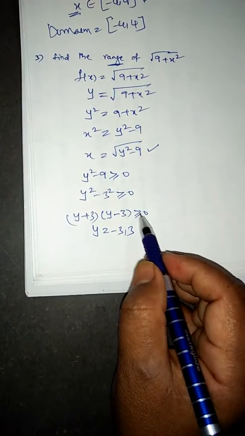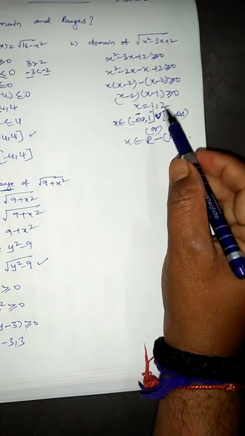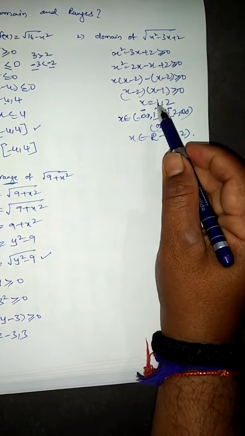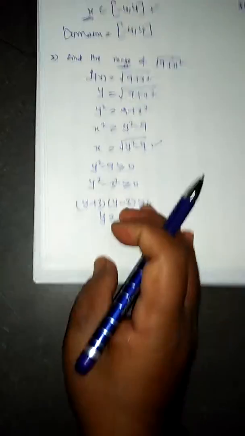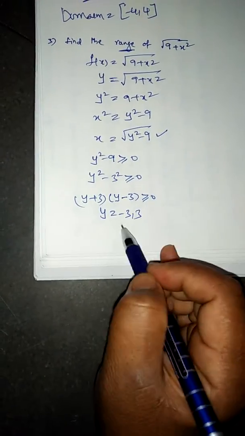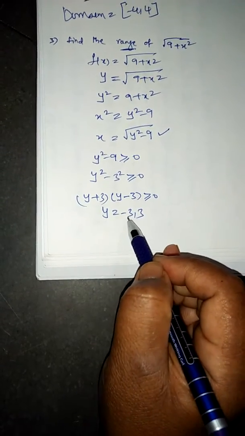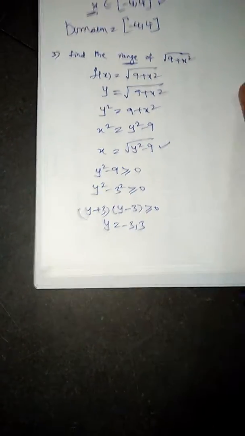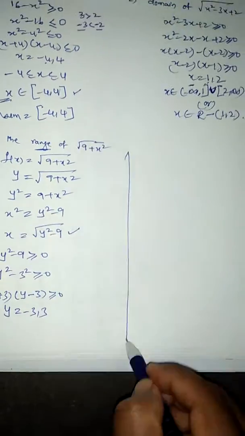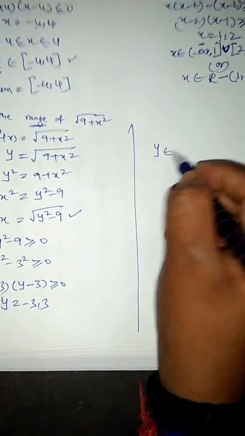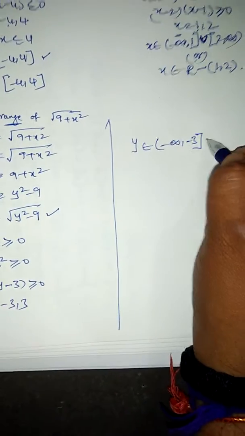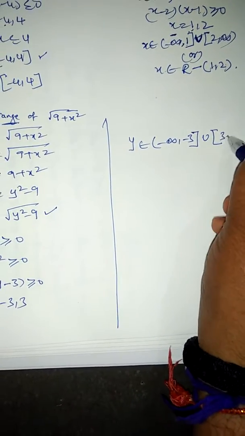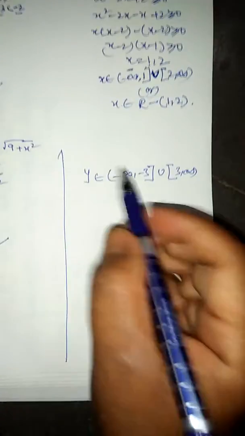Greater than or equal to 0 means, as we used already, the values do not lie between the roots. The same thing applies to the y bounds also. So y does not lie between minus 3 and plus 3. So I can write that y belongs to minus infinity to minus 3 closed interval, union 3 to infinity.